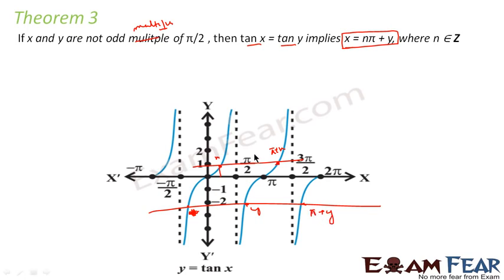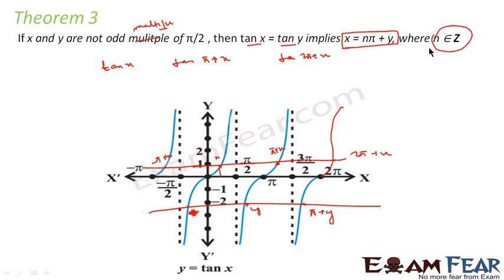So thus we see that you say tan x, or you say tan of pi plus x, or you say tan of 2 pi plus x, all are the same, because if you take this graph further, the point where it meets here is 2 pi plus x. If you take this way, this is minus pi plus x, correct? So n is equal to any value, any integer.